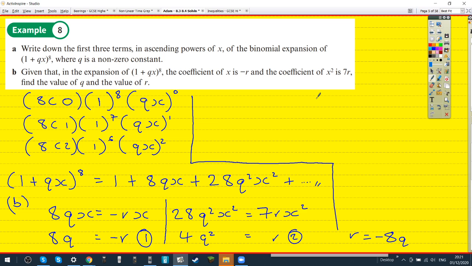And so what would you do next? Did you make them equal to each other? Yeah. -8q, now they're both equal to the same thing, so you'd write them equal to each other. -8q equals 4q squared. Well done.